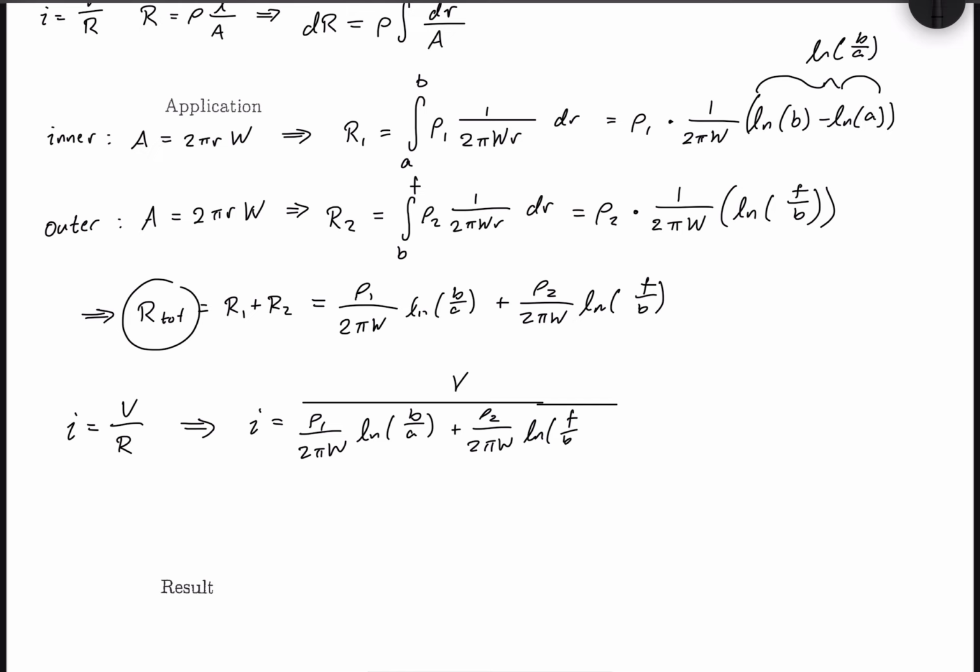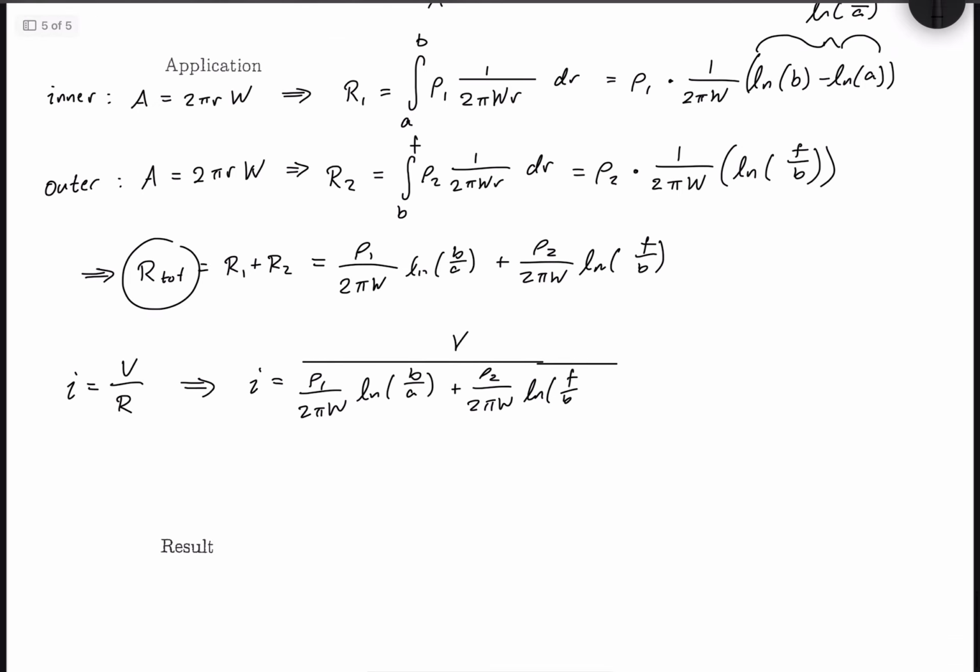And that's the answer. Of course, you could flip it up here. So 2 pi W times V over rho 1 ln B over A plus rho 2 ln of F over B.